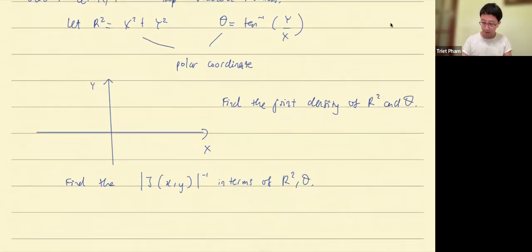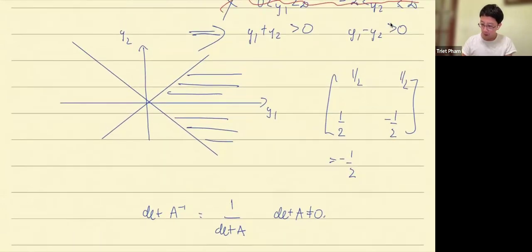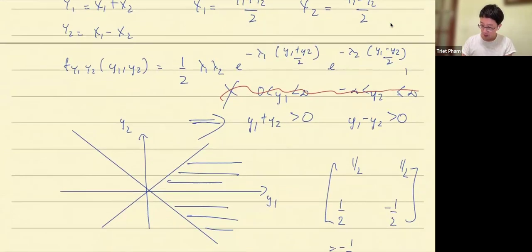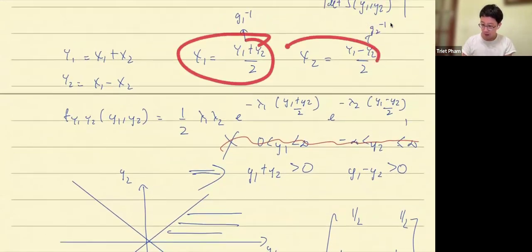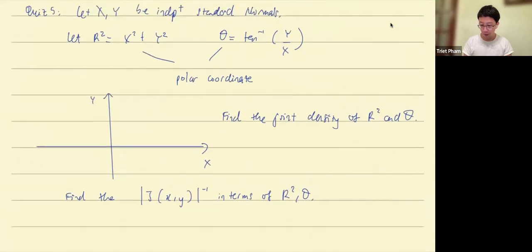All right, so let's take a look. Here, and probably here also, is where this notation or this approach makes sense, because if you try to do the inverse approach as I was mentioning before, meaning that you solve for the original variables in terms of the transformed variables, then here you have to solve for x and y in terms of r squared and theta.